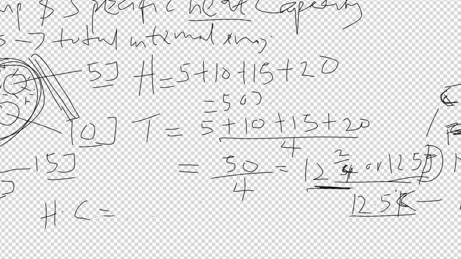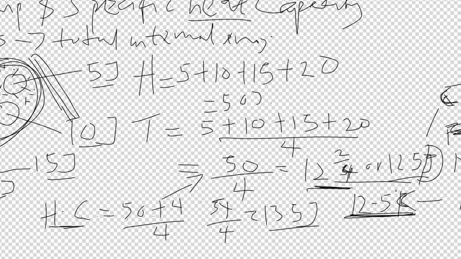So what amount of heat will you add to this entire system to change it from 12.5 Kelvin to 13.5 Kelvin? Coming back here, instead of 50, what if I add 4 to it and make it 54? If I divide 54 by 4, I get 13.5 joule.